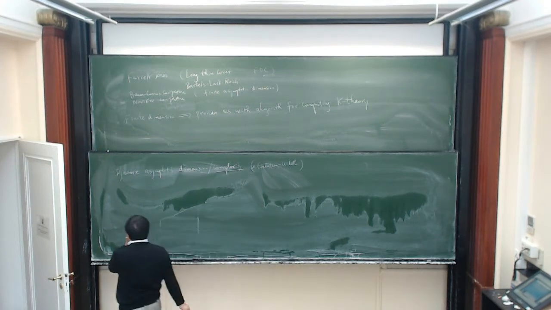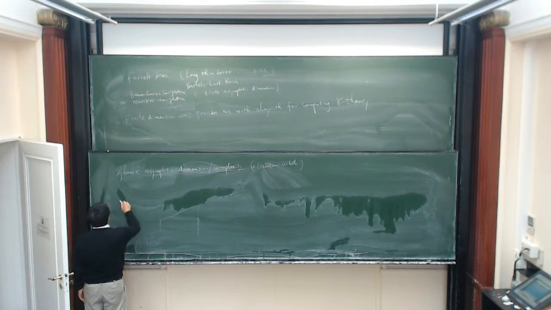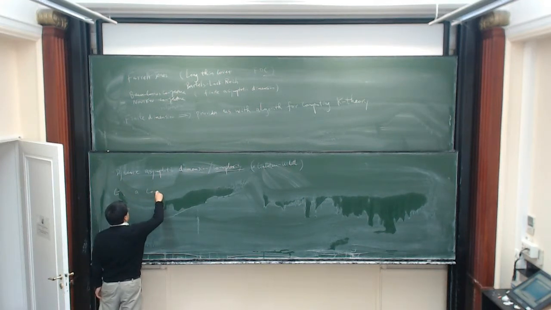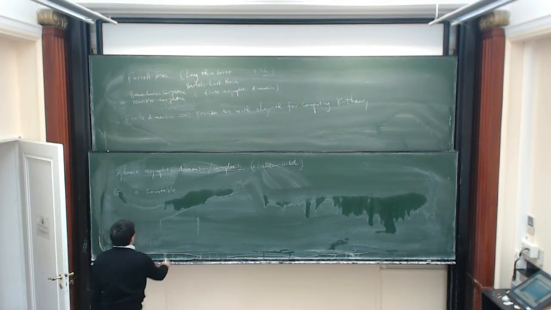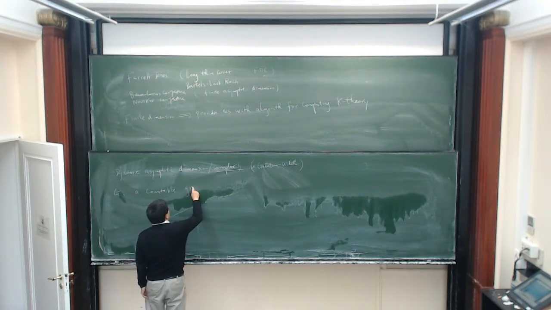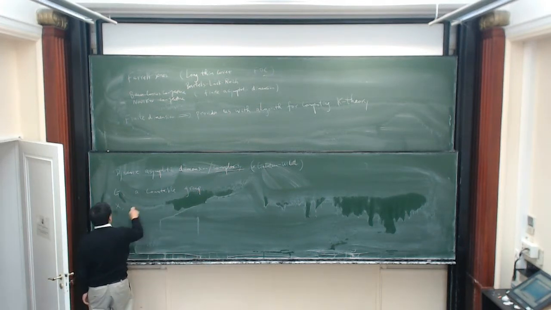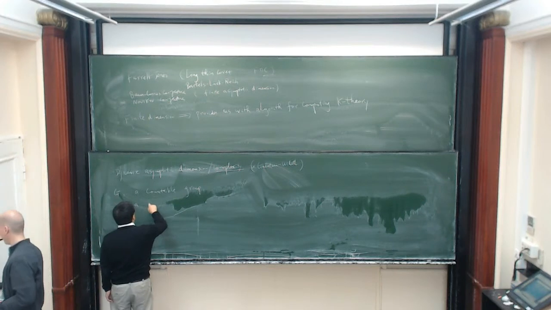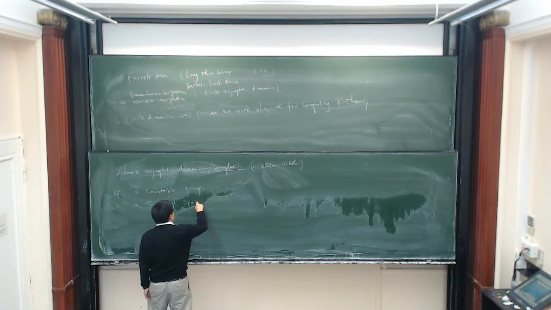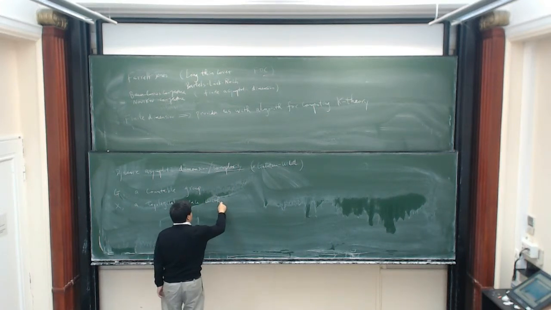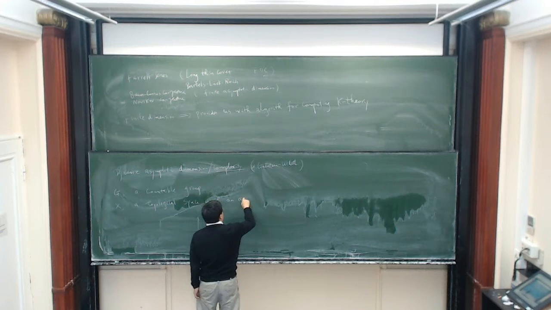Okay, so what we are concerned with is we have a group. So this is like a countable group. It's a discrete group. And we have a space with an action.